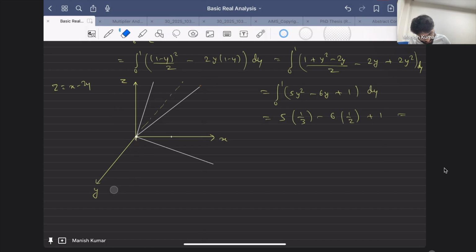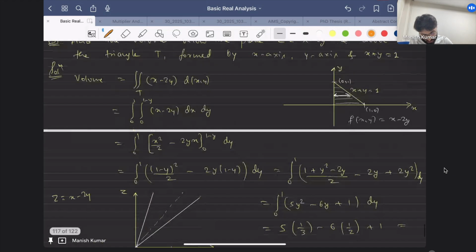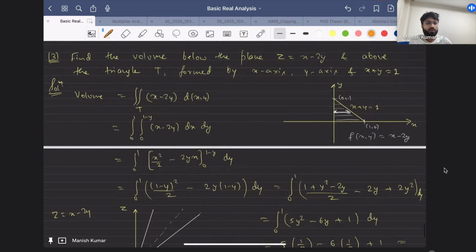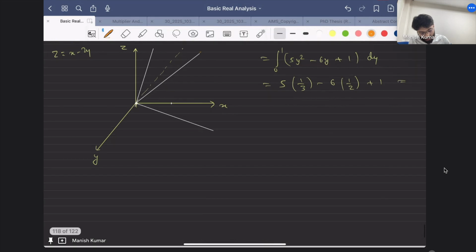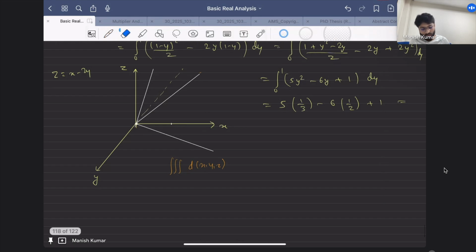You understood? You have to see how this plane cuts these coordinate planes, and then you can draw a plane so that these lines lie on it. That's all. So that would be one way to visualize this. Also, instead of dealing with this double integral, when calculating the volume you can do a triple integral, dz dy dx.